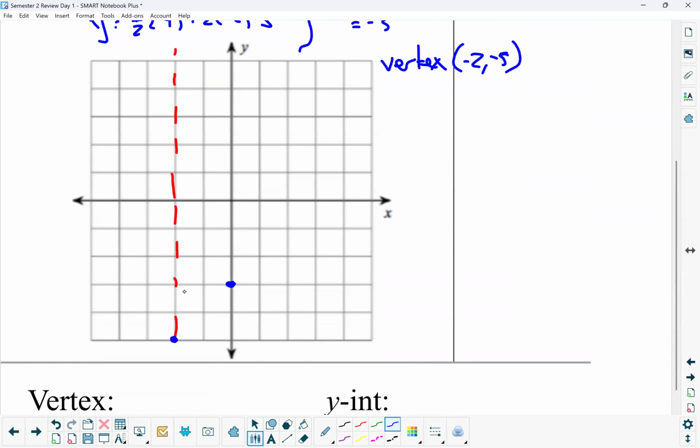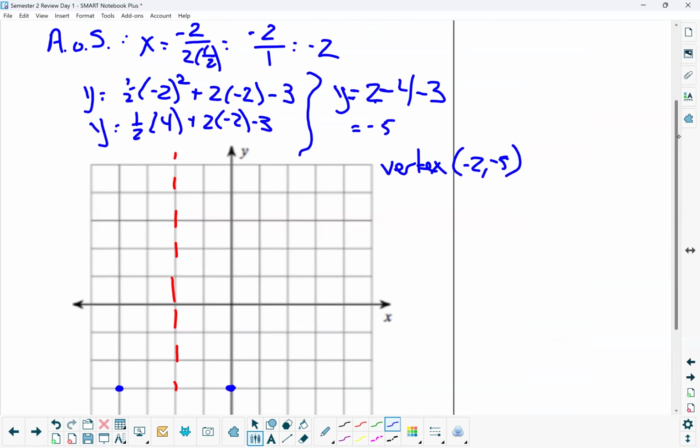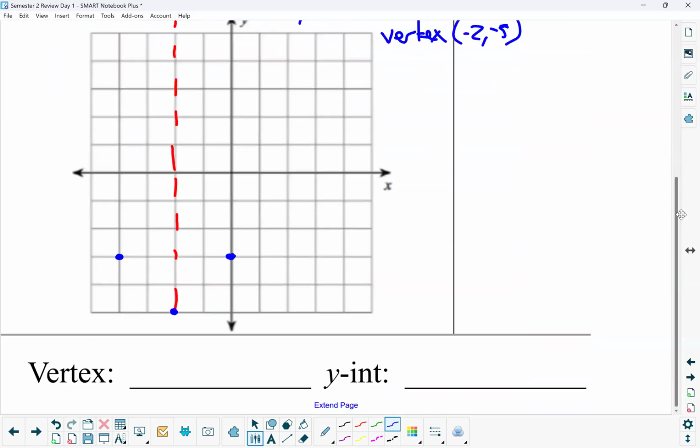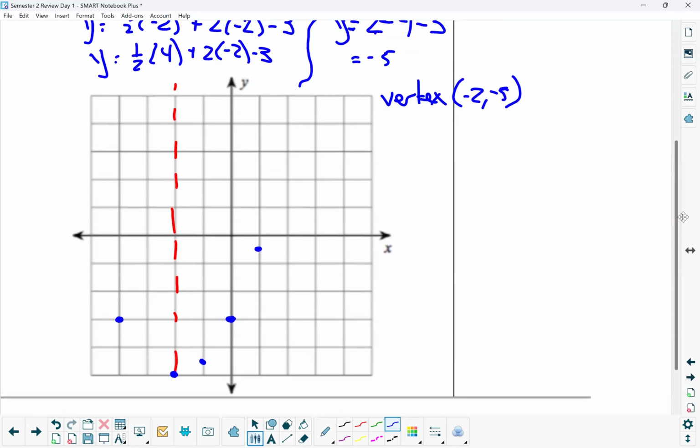I'm going to use the symmetry here and graph the mirror image of my y-intercept. And then I'm going to use the pattern. In this case, A is 1/2. So I go over 1 up a half, then over 1 up 3 times a half, or 1.5. Over 1 up 5 times a half, or 2.5. Over 1 up 7 halves, or 3.5.